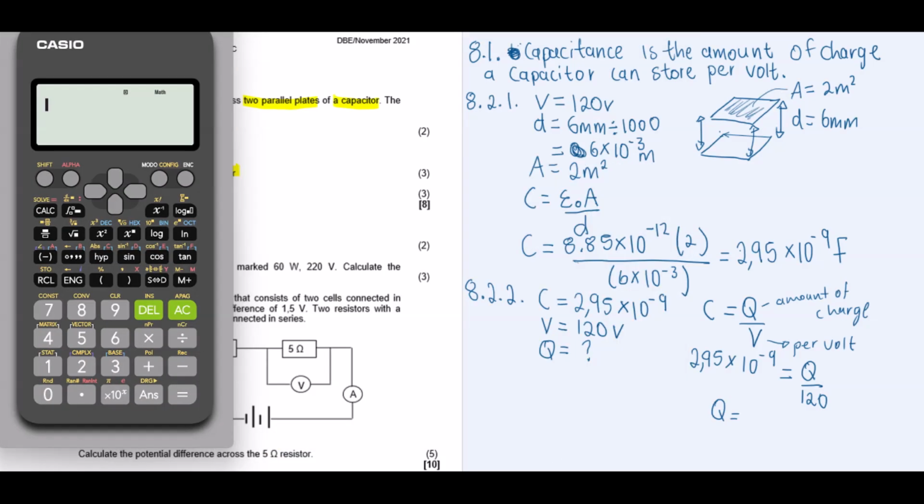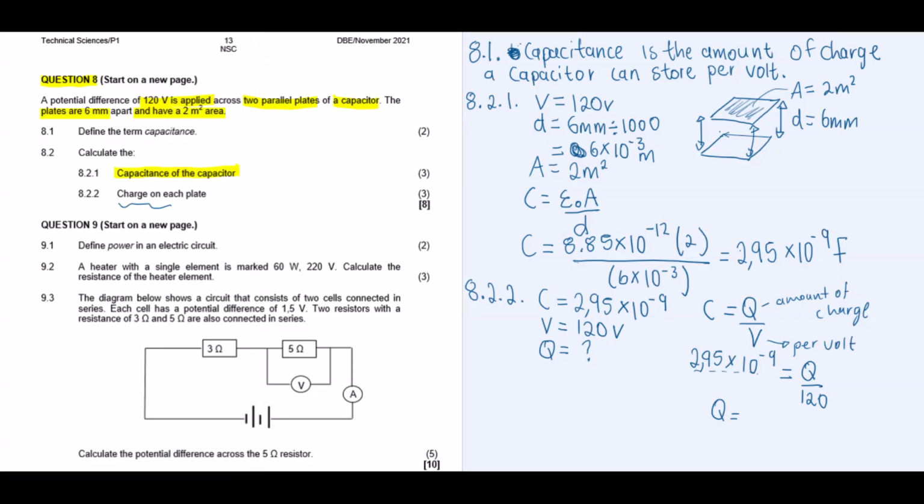We'll see that when we do the calculations here, the charge value is going to be 2,95 times 10 to the power of -9 times 20 times 120. So we can just say this is over 1 and cross multiply.